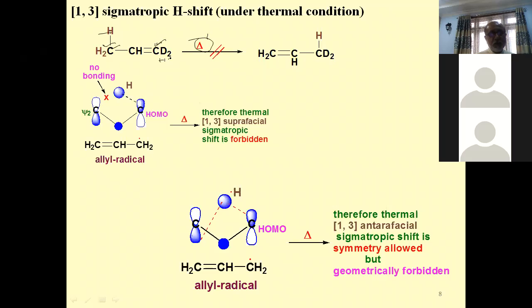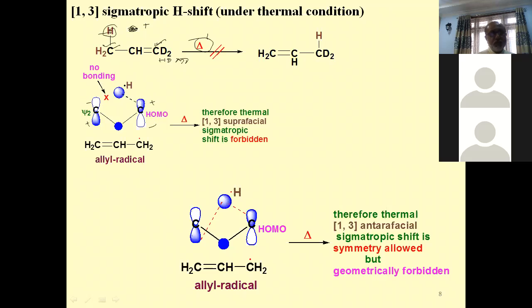So the HOMO of this one, and the hydrogen also will come with its orbital with its electron, with one phase here. We identify it by this marker, or we can identify it by positive and negative, but we are not using both these terms.